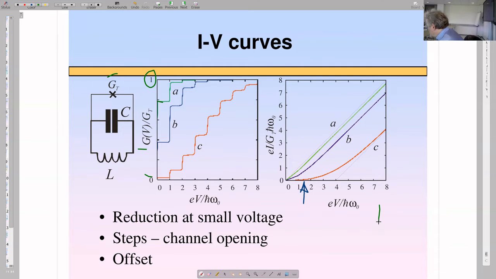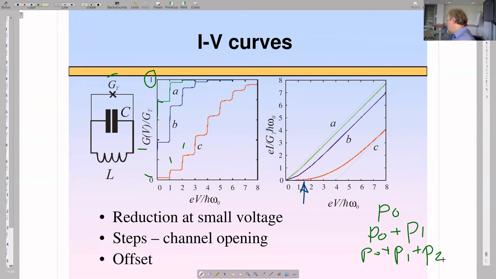So first the conductance was proportional to P naught. Then at this step, another channel is added. Then at this step, we have a possibility to emit two photons, and so on. So conductance increases in steps, as I pictured in this plot.